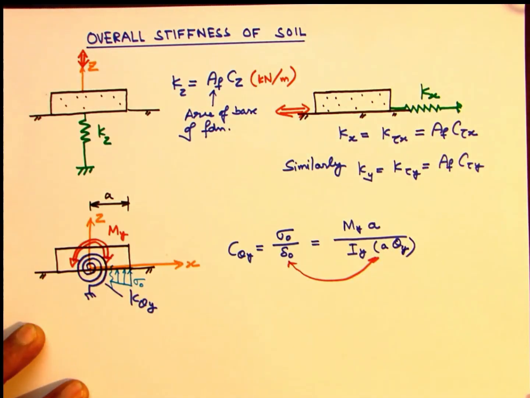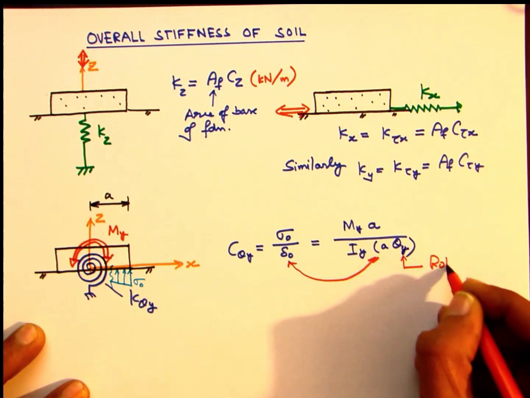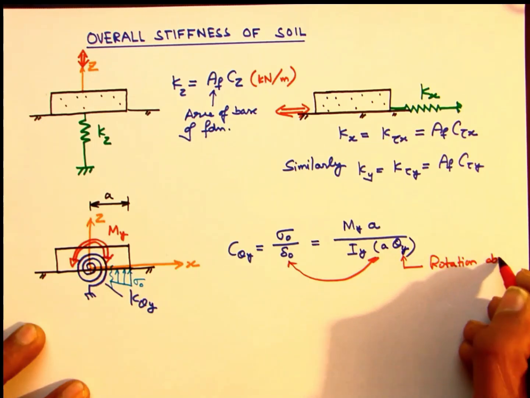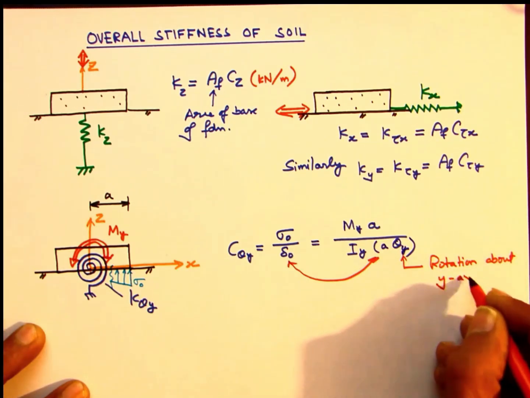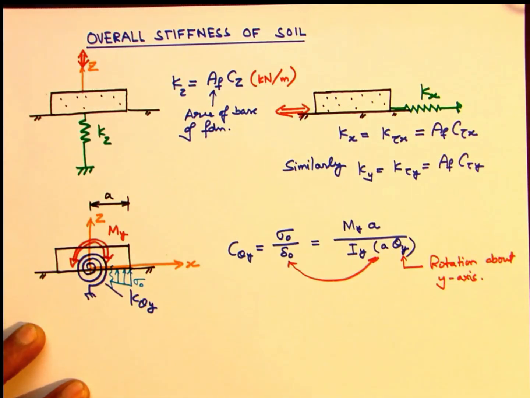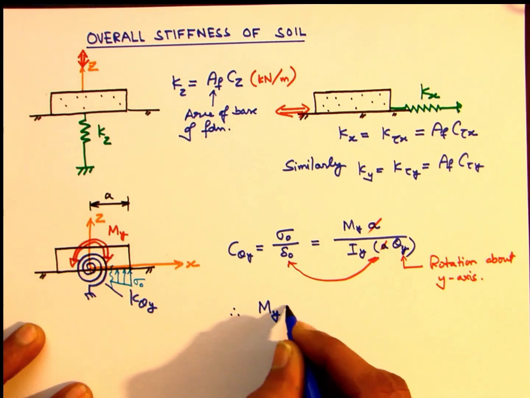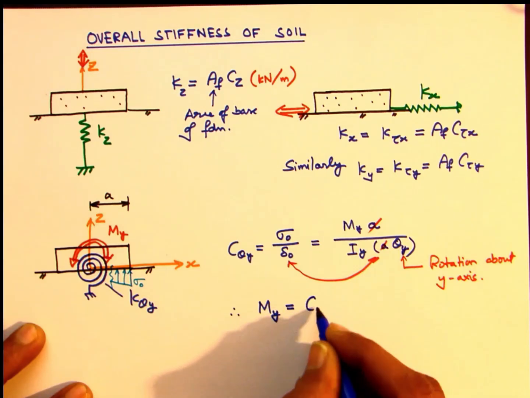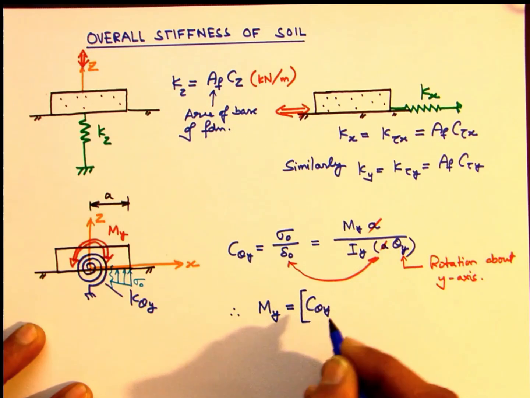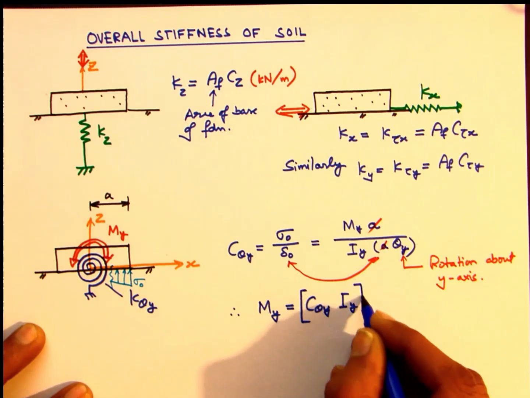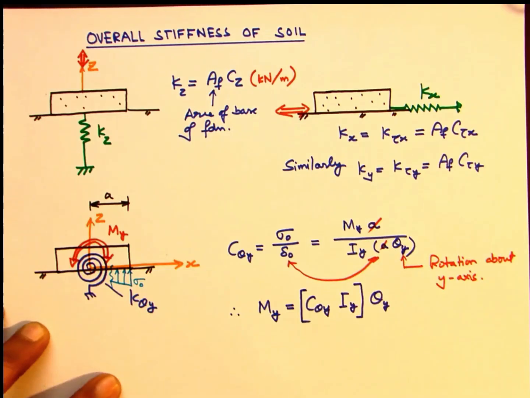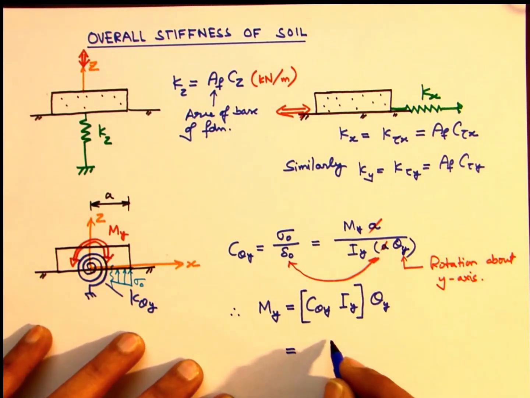Now this gives rise to a simpler expression, and we can then write an expression for My as the product of C theta y and Iy multiplied by theta y.